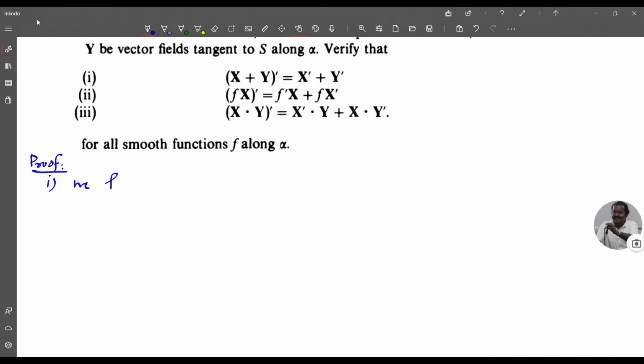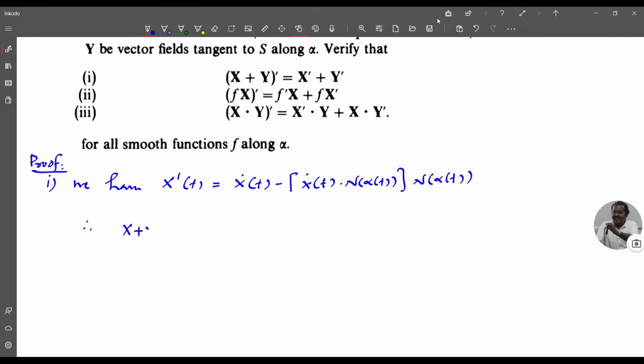We have x prime of t is x dot of t minus (x dot of t dot n of alpha of t) into n of alpha of t. Therefore, (x plus y) prime of t is (x plus y) dot of t minus ((x plus y) dot of t dot n of alpha of t) times n of alpha of t.